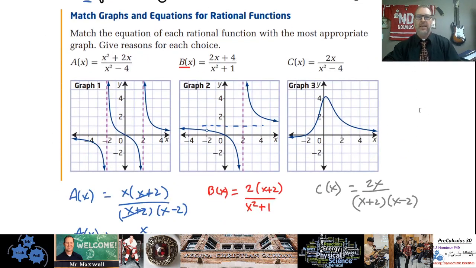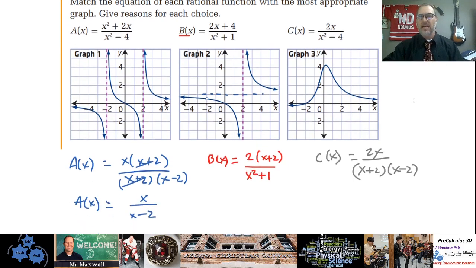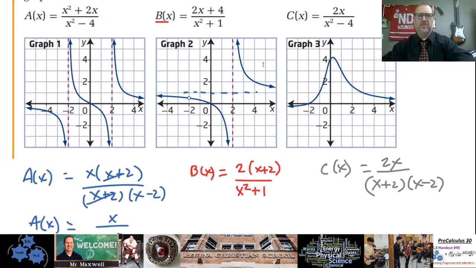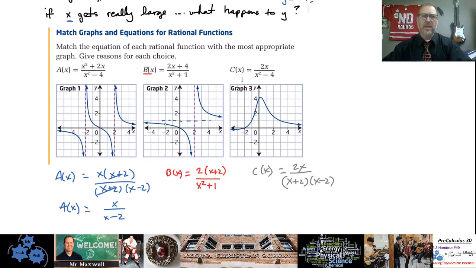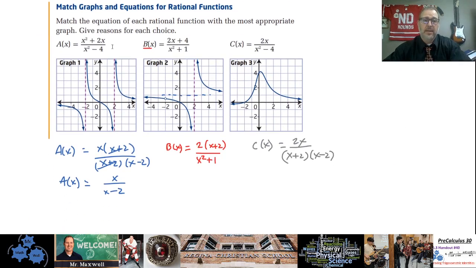All right. So again, I just want to do a little blitz here of this example. If you're given equations to match with graphs, there's a few characteristics you want to take a peek at. So again, I'm going to have this on the screen. Let me just zoom out a bit so you can see all of it. So what are we going to do here? So A, again, factor top and bottom so you can see what's going on.